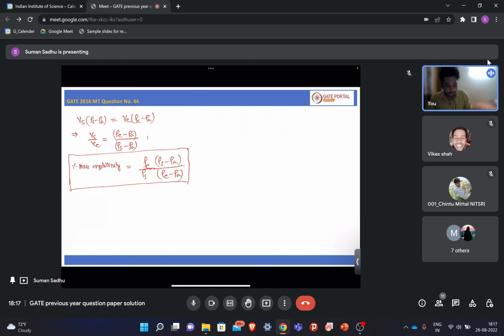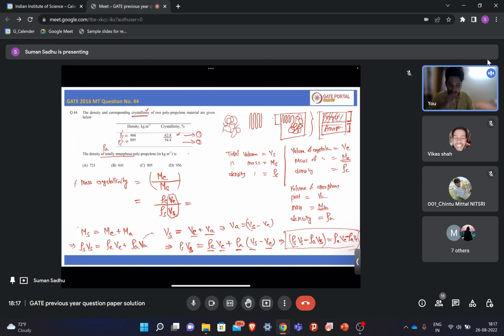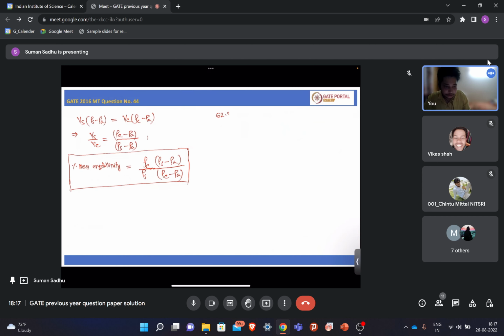So in this case the crystallinity is 62.8 percent, and the density of the sample is 904. So we can write equation 1 as 62.8% is equal to rho C into 904 minus rho A, divided by 904 into rho C minus rho A. You don't know the values of rho C and rho A, so I'm writing in terms of rho C and rho A only.